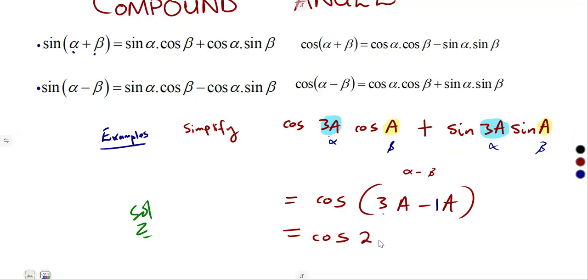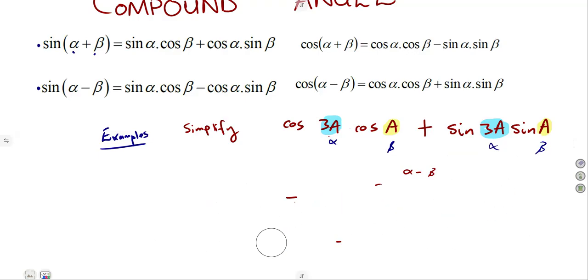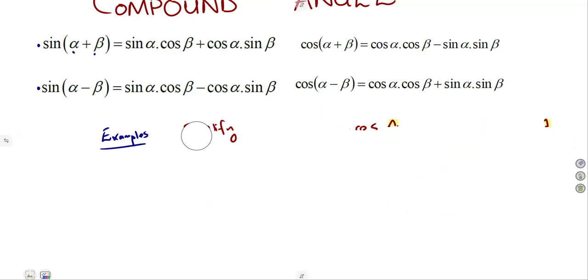So it's going to be cos of 4a. This one we're going to talk about as a special identity on its own in another class, which is referred to as the double angle. From compound angles, double angles can be produced. So we're going to talk about that one later on. So this is it. We're done. It's a single trig. You're asked to simplify maybe to a single trig. Then in that case, you know that you'll be done. All right.